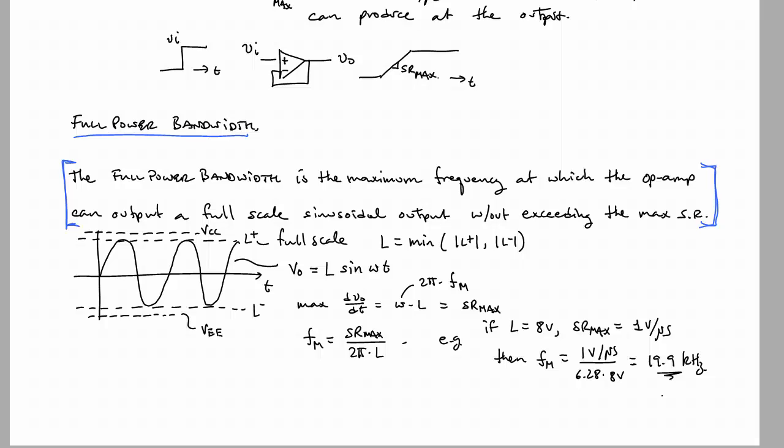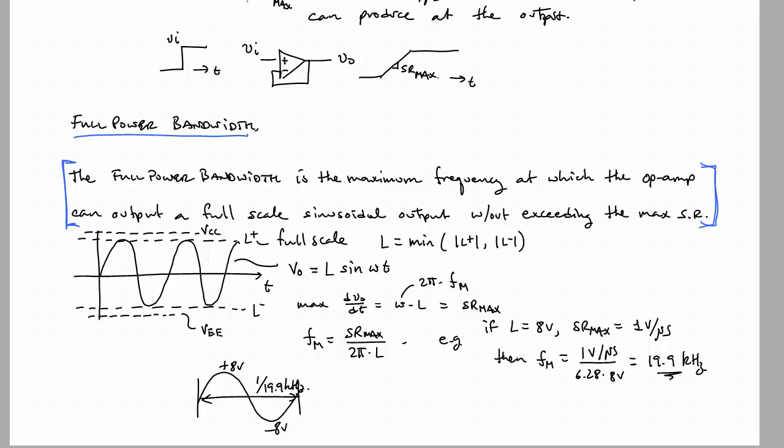It means, though, that if you want the output to have an amplitude of 8 volts, so from minus 8 volts to plus 8 volts, the maximum frequency that you can actually generate from the op-amp is going to be 19.9 kilohertz.